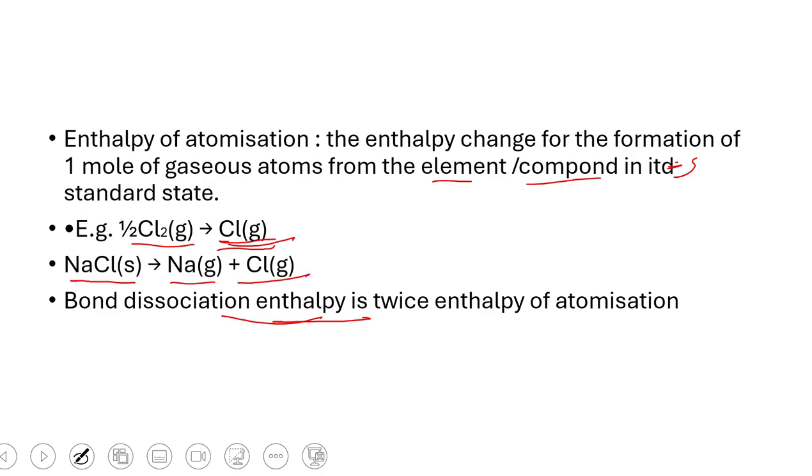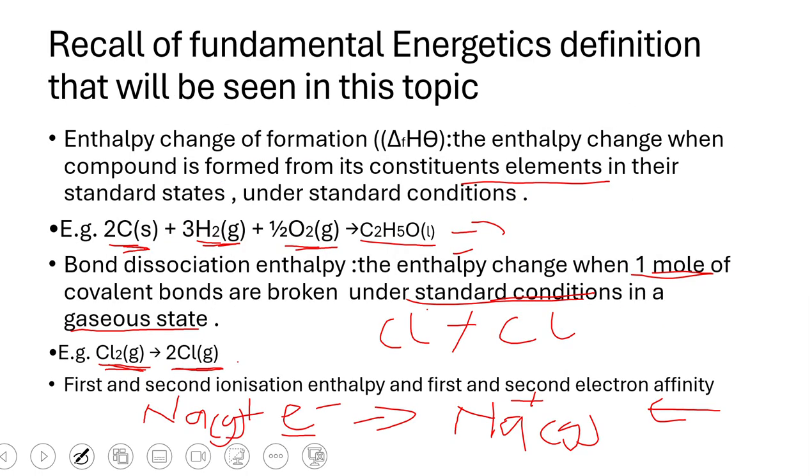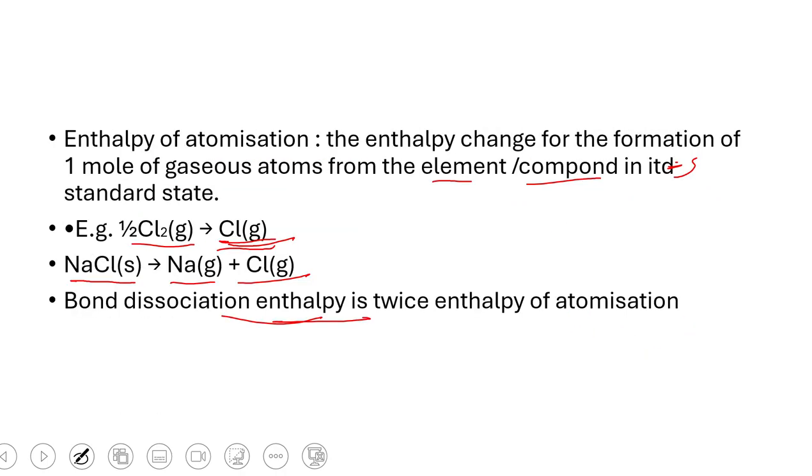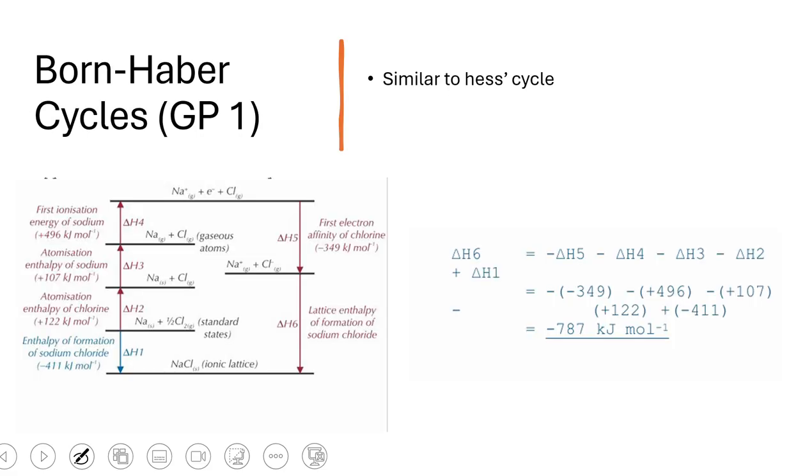And since we learned here that bond enthalpy changes 1 mole of chlorine to 2 moles of it, but for the enthalpy of atomization, it will give you half Cl2 to Cl. So bond enthalpy is twice the amount of the enthalpy of atomization.